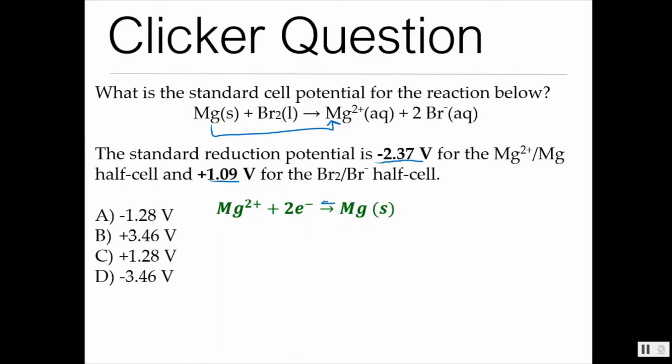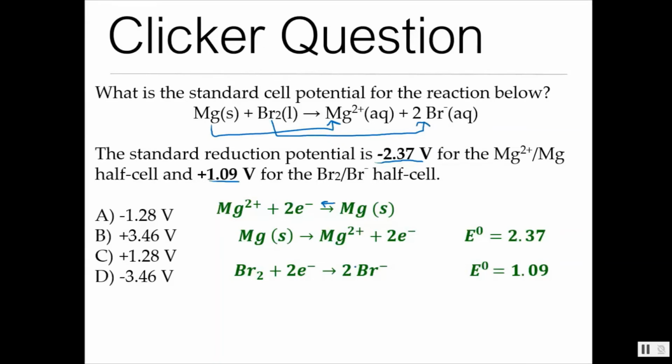So since it's an oxidation half reaction, it's going to be going in the opposite direction. So we're going to flip that direction, and I've changed the sign from negative 2.37 to positive 2.37. Our other half reaction is with the bromine, and the bromine liquid takes 2 electrons and becomes 2 Br-.